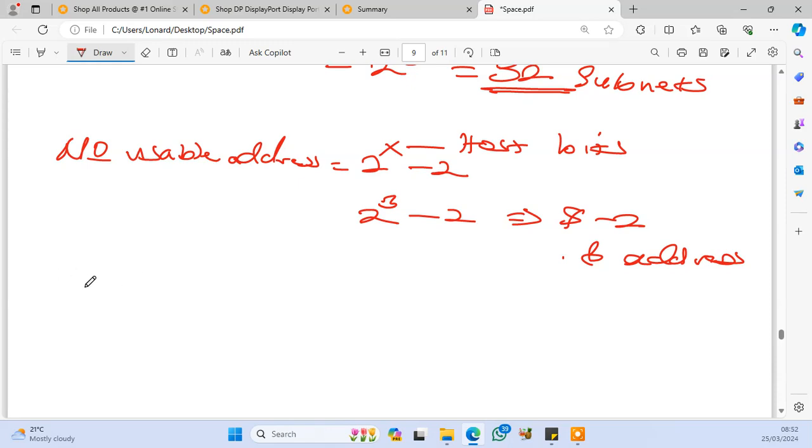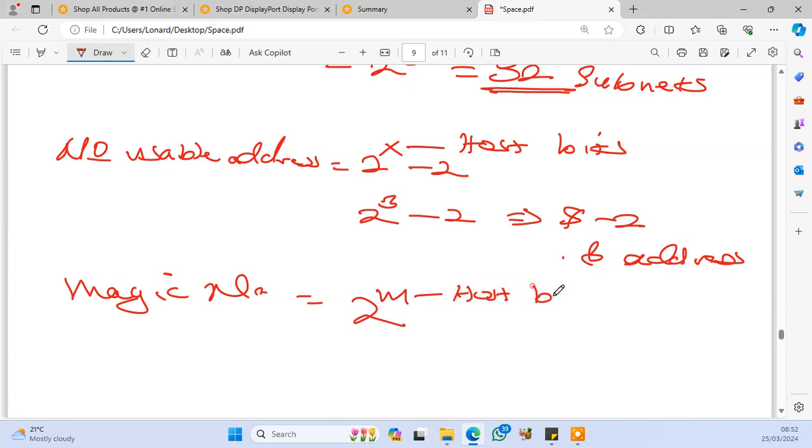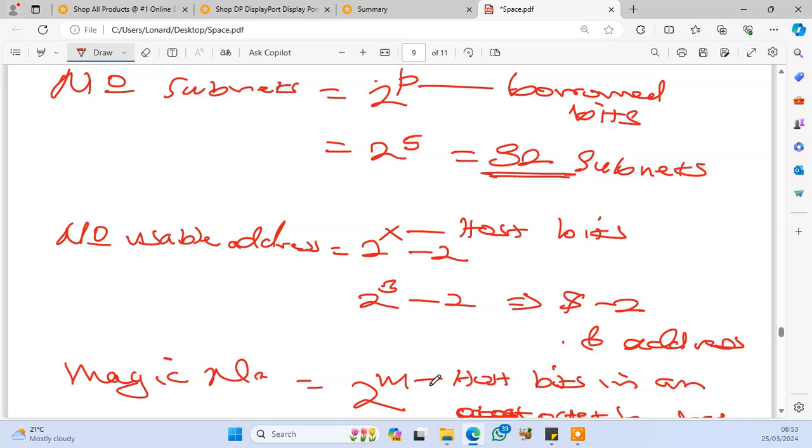So the magic number is equal to 2 power M, and these M are the host bits in an octet, the octet boundary. So it will be 2 power the host bits in an octet boundary.